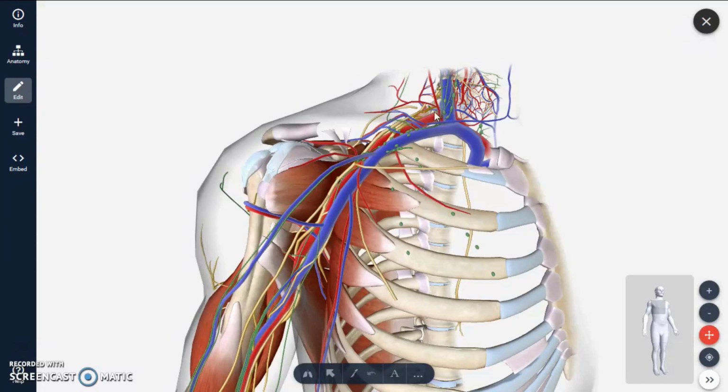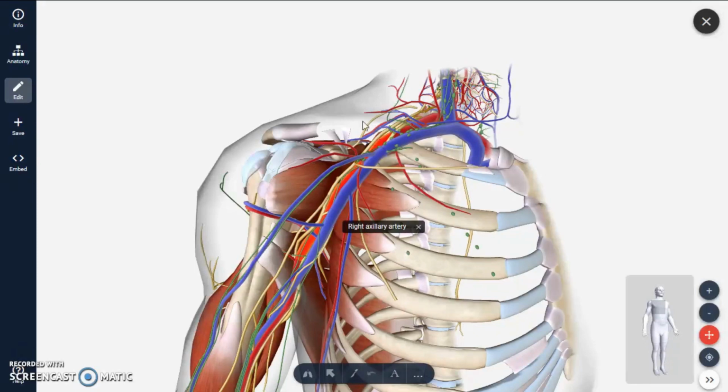Here in the upper part, that is in the neck region, you have a loop-like tube, which is nothing but the subclavian artery. This subclavian artery is the artery which is going to continue as axillary artery. Subclavian artery reaches the outer border of first rib, and after that it continues as axillary artery.